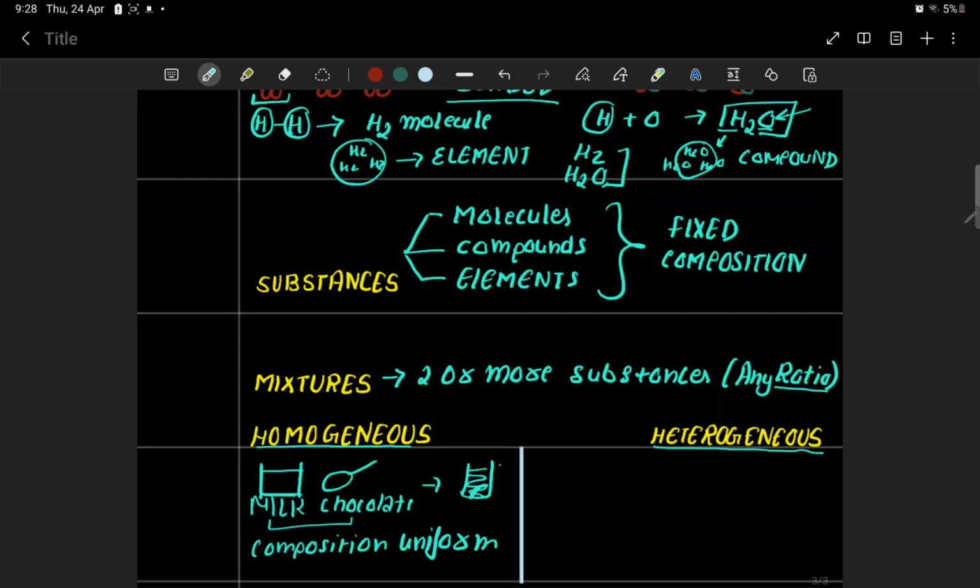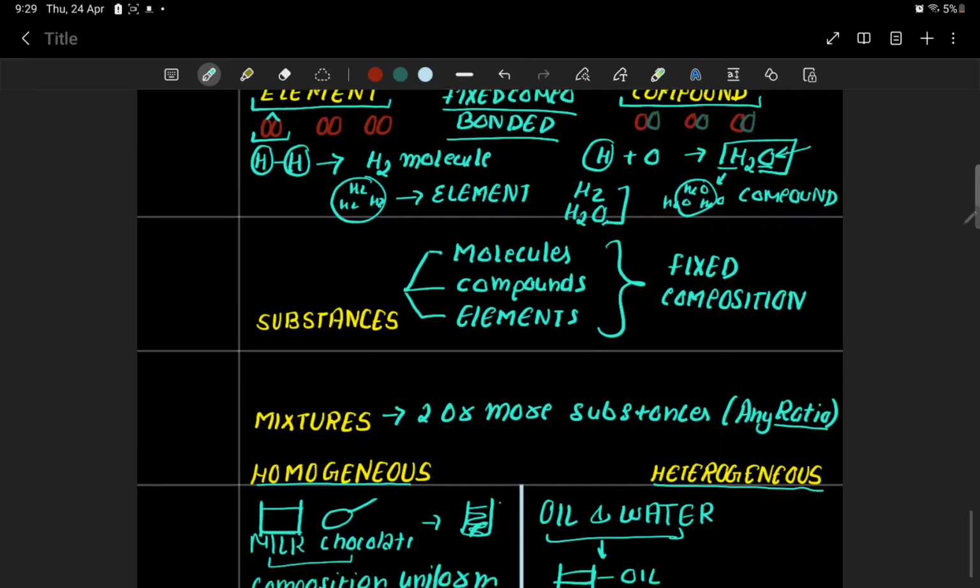And in heterogeneous mixtures, the composition is not uniformly distributed. An example would be oil and water. When we mix them together, they don't uniformly distribute. You find oil on top of water.